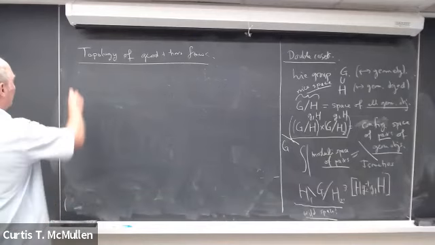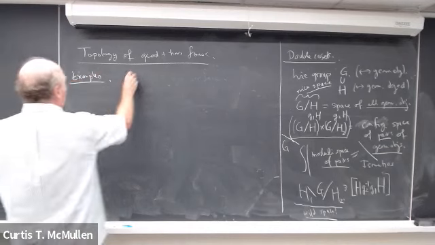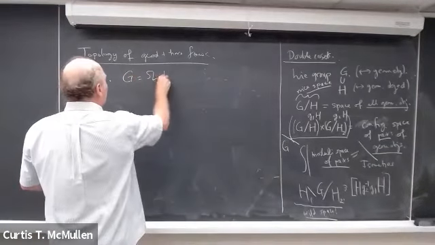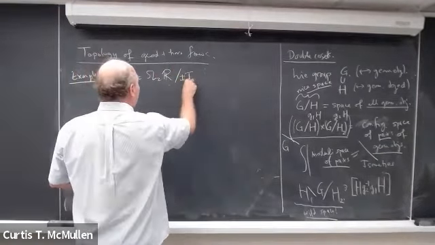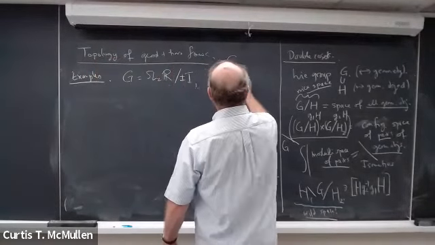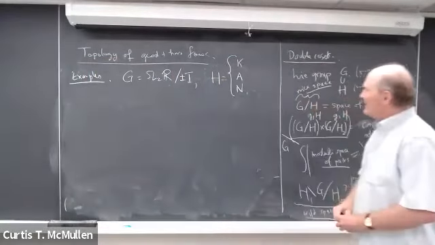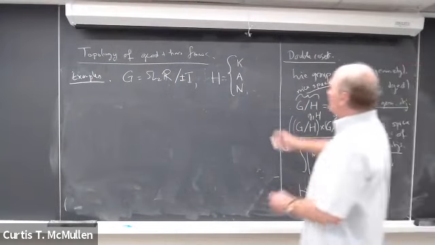Okay, so let's do some examples. So G is SL2R modulo plus or minus the identity. And for H, we can take K, A, or N. And what do these groups correspond to?